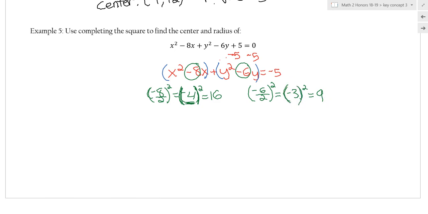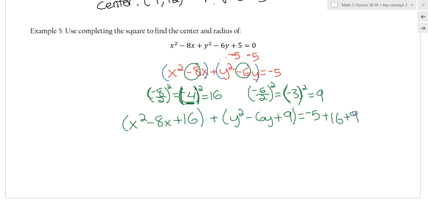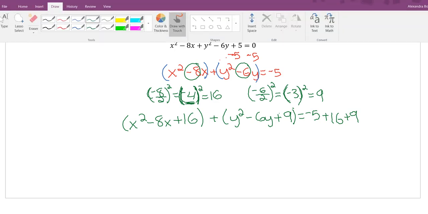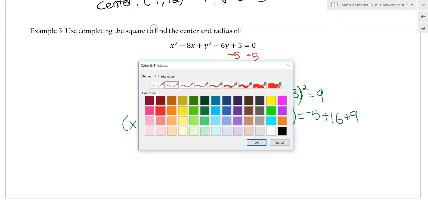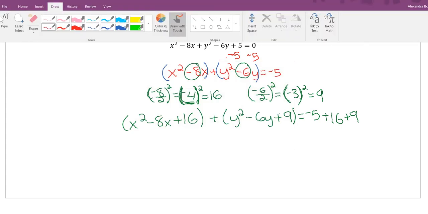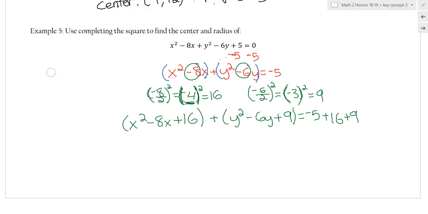So now I'm going to add these to my perfect square trinomials. So I'm adding 16, adding 9. And then I have to add them to the other side as well. Now I'm rewriting this.